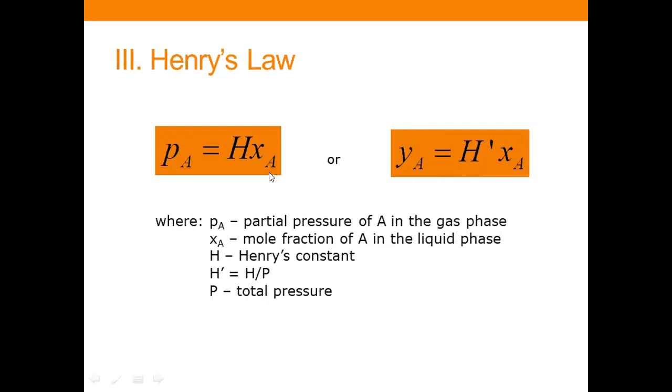And in here, the H constant, when divided by the total pressure, will simply be H prime, a constant which will have an added unit in the denominator based on the unit of the total pressure, which was used as your divisor.